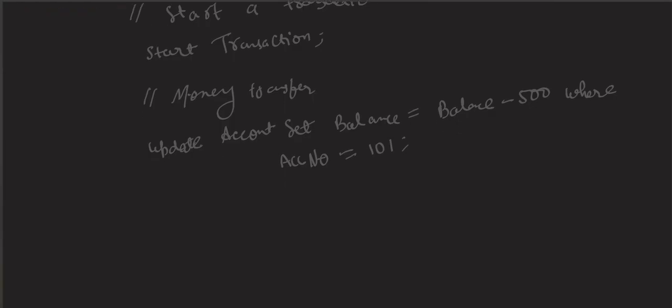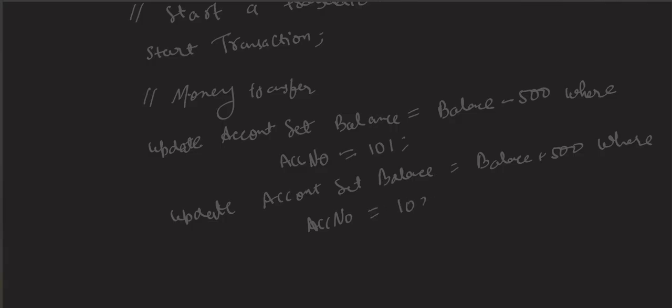So if the amount is deducted from one account, it should be credited somewhere. For that you can write UPDATE account SET balance = balance + 500 WHERE account number = 102.